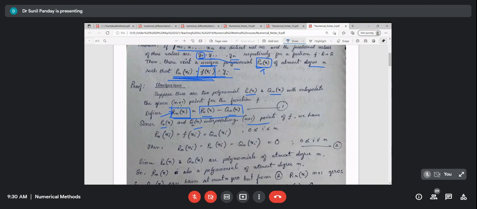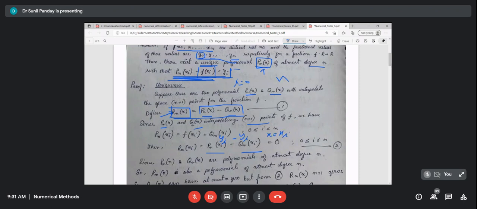So Rn(x) is a polynomial of degree at most n, but due to this interpolating condition, for i going from 0 to n, Rn(x) has n plus 1 roots, because Pn(xi) equals Qn(xi). If both are interpolating polynomials, then they both are equal to yi when x equals xi.